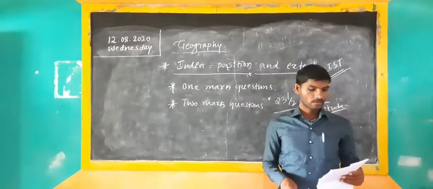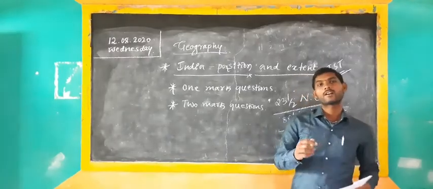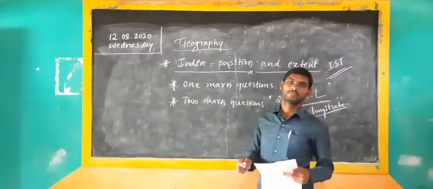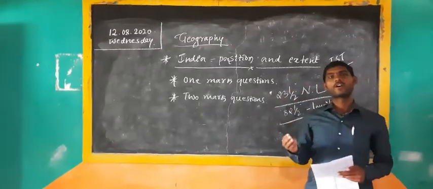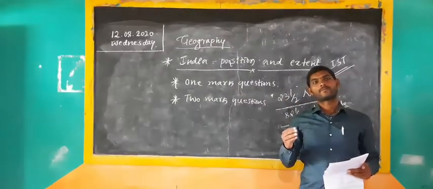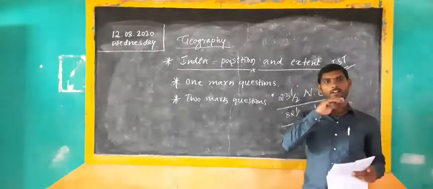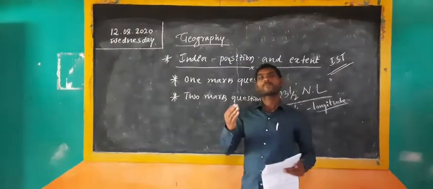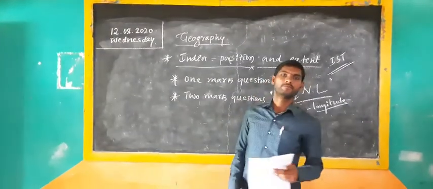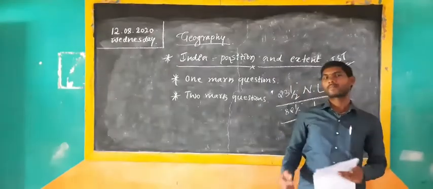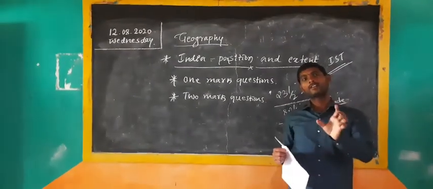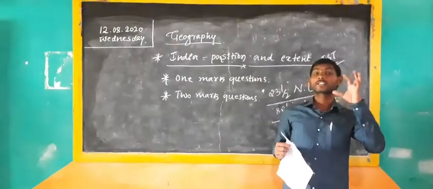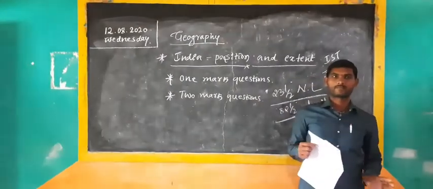Mention the largest countries in the world before India. That means India is the 7th largest country, so before it there are 6 countries. Which are the 6 countries you have to mention them.